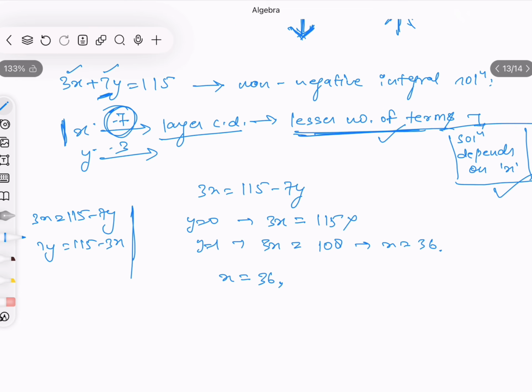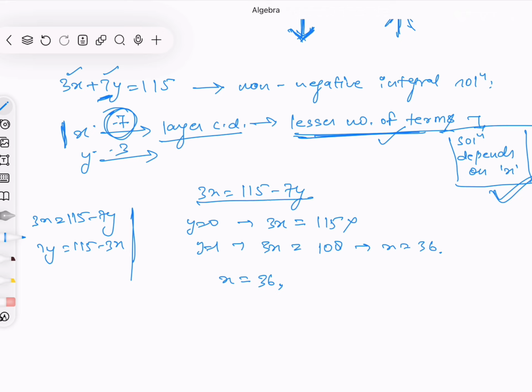This is our equation. So whenever y is negative, x will be positive. If you increase this, this will be lesser. So whenever y is smallest, x will be largest. From here only you can find that. So if y is 1, you have 36, which is largest. I have found my largest value.